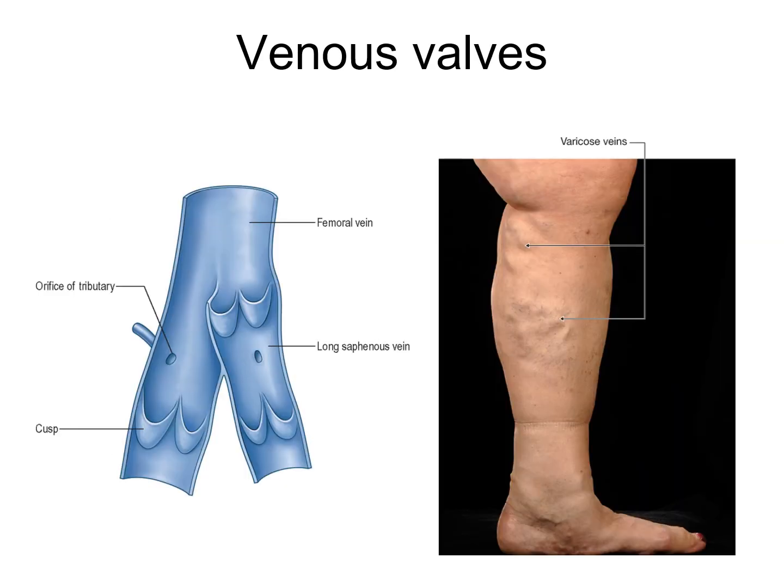The bigger veins contain valves because the venous blood has to flow against gravity and the venous pressure is very low. So there are valves in the veins of the limbs, especially the lower limb, and they open in one direction, from the lower part to the higher part.